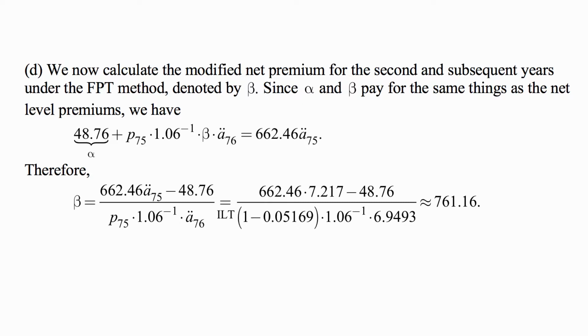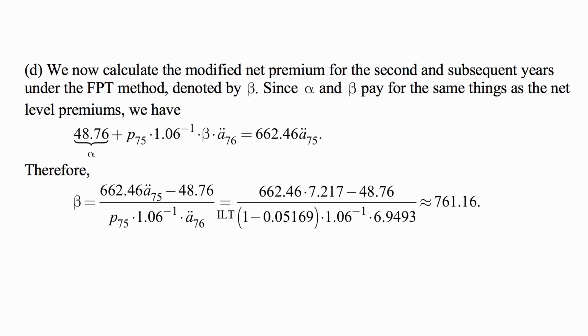Now we will calculate the modified net premium for the second and subsequent years under the FPT method, typically denoted by beta. Alpha and beta are standard notations for this. First year benefit premium is alpha, and renewal premium is beta, for the years after the first.